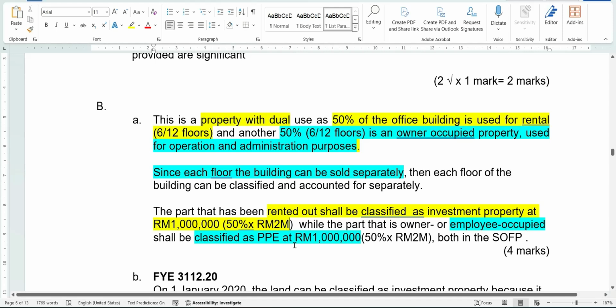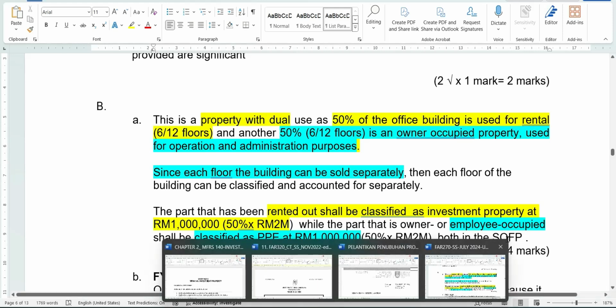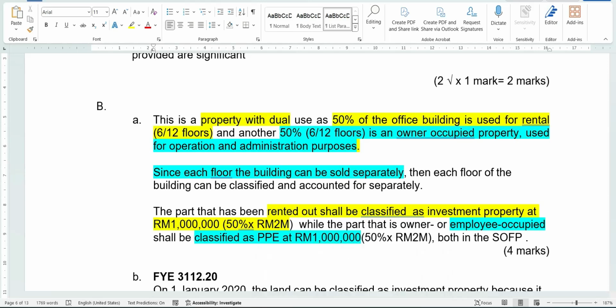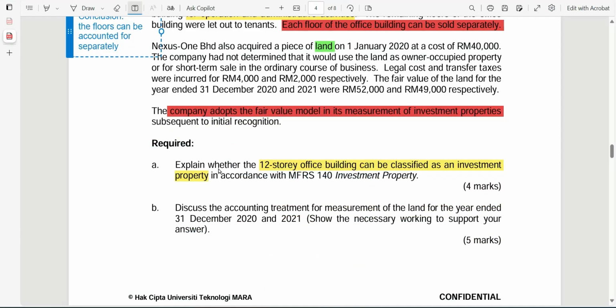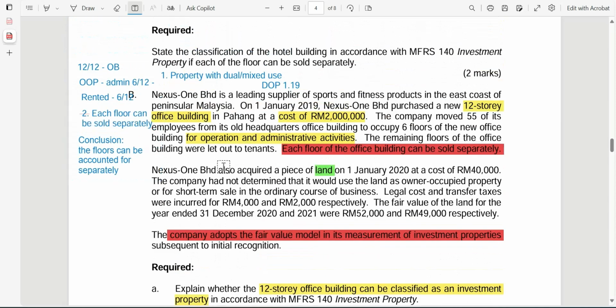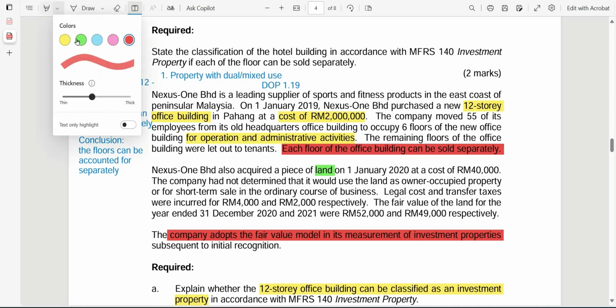Okay. Now we move on to the next one, which is the second part of the question. The second part is about a piece of land, which I just put in green.